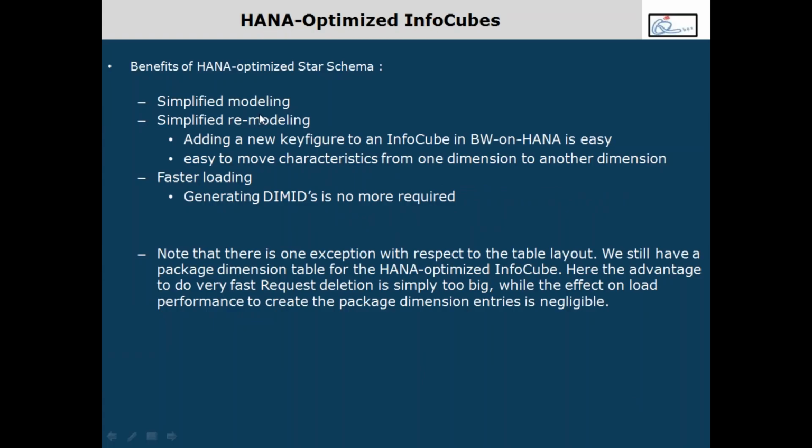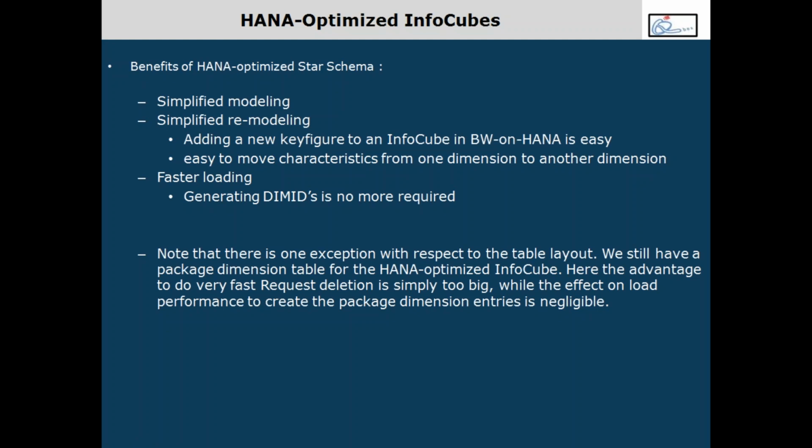And again, with simplified modeling, if you remember while designing a cube without HANA, we had to do a lot of dimension analysis to decide what characteristics go where, since the dimension is physical in case of a normal cube. When designing an optimized cube, we wanted to reduce the number of records in the fact table and dimension tables.